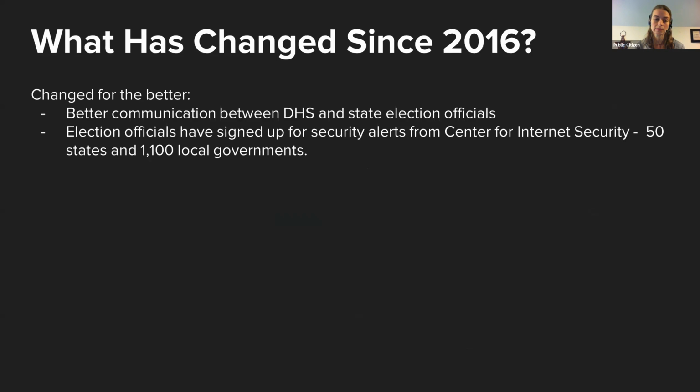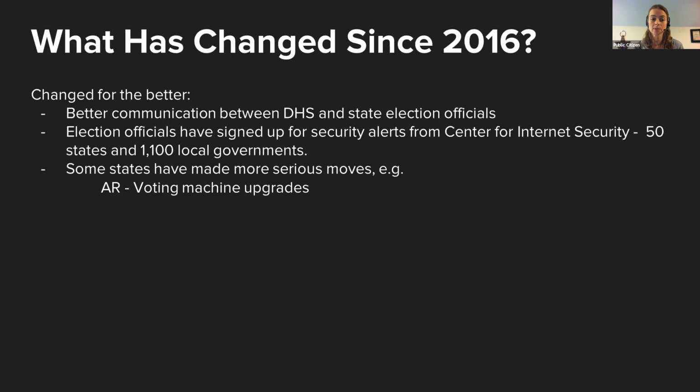Only about 1,000 local governments are signed up, according to the latest reports on BuzzFeed, which needs to increase tenfold. It's really important to have every responsible party overseeing our elections getting security updates and starting to get familiar with what the threats are, especially those who have smaller IT budgets or less experience with IT.